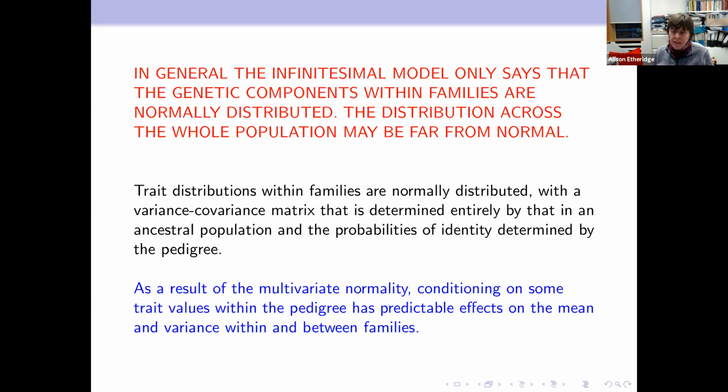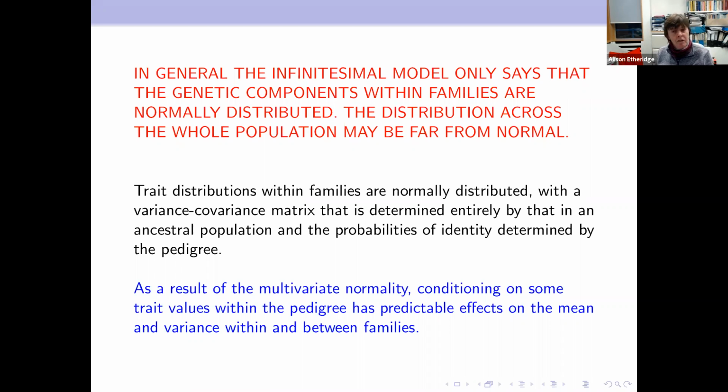And the probability of identity of two individuals just says, if I sampled a gene from me and the corresponding gene from Ivan, what's the probability that those genes are inherited from a common ancestral gene, however many generations ago my ancestral population lived? So that would be the probability of identity of our genes. And those probabilities of identity are determined by what we're going to call the pedigree, and we'll talk a little bit more about the pedigree as we go forward.